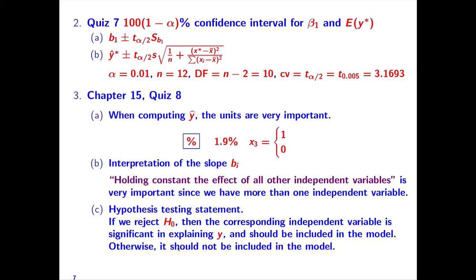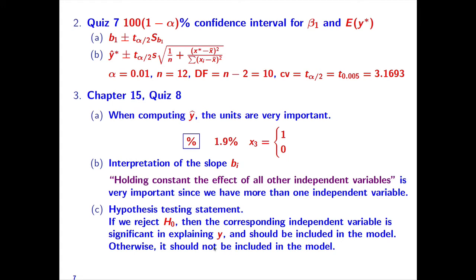For example, if we are using the p-value method to solve the problem, then if the p-value is less than or equal to alpha, we reject H0, the corresponding independent variable is significant in explaining y and should be included in the model.